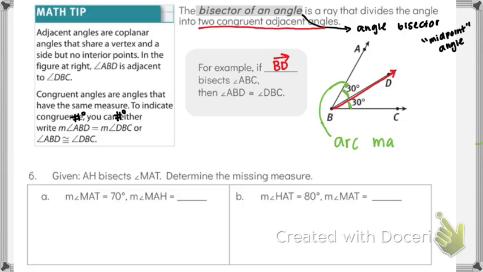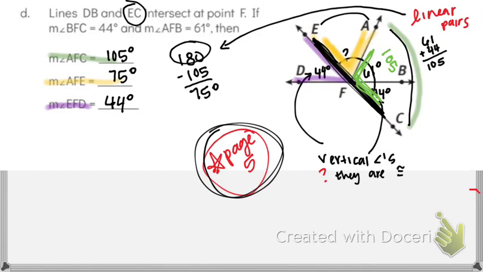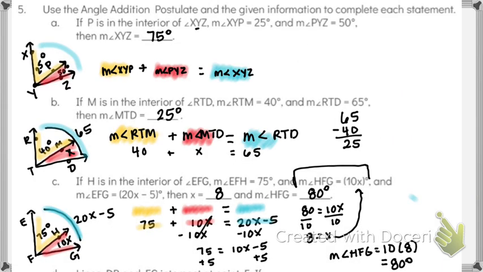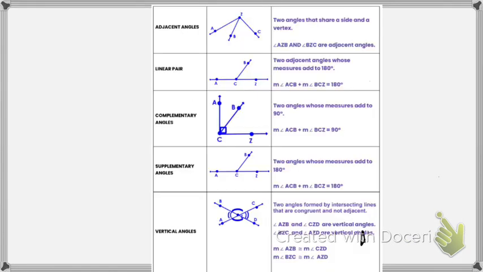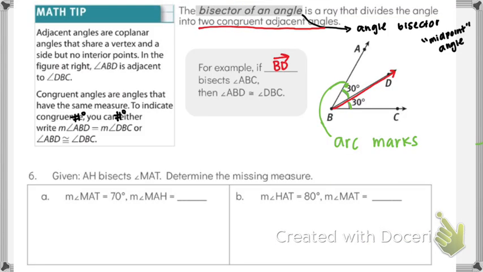Now, these arc marks are used in your pictures. So remember for the ones that we did in the first part that you hopefully watched, you had this ray that you were drawing in and it wasn't perfectly in the center. Anything with the word angle bisector will be perfectly in the center.